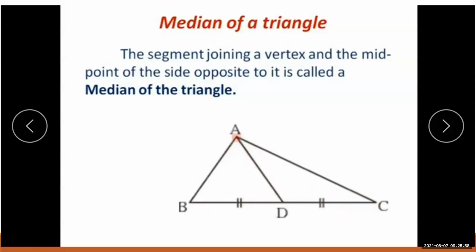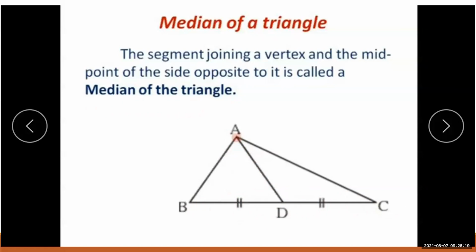And D is the midpoint of the side opposite to vertex A. The segment that joins this vertex and this midpoint is called a median of the triangle.